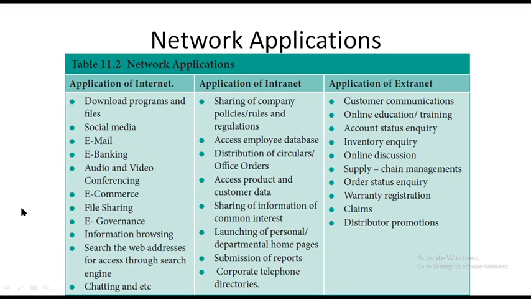And next one is network applications. What are the uses of internet, intranet, and extranet? See, these are the applications of internet, I mean, where they are using the internet, intranet, and extranet. For internet, we can download programs and files online, and we can use social media like Twitter, WhatsApp, Instagram.